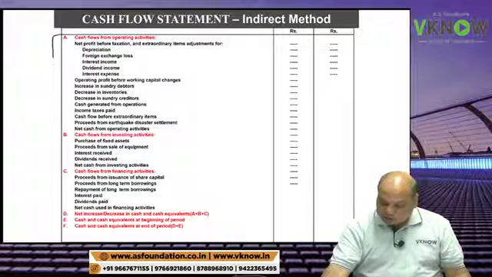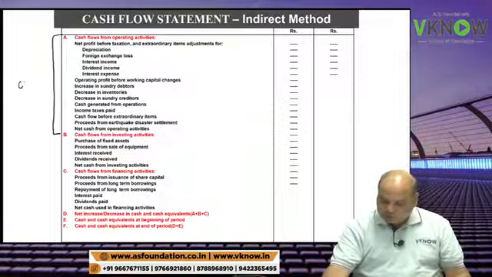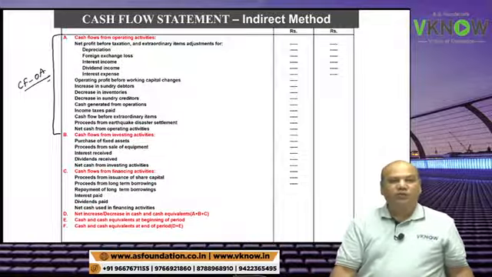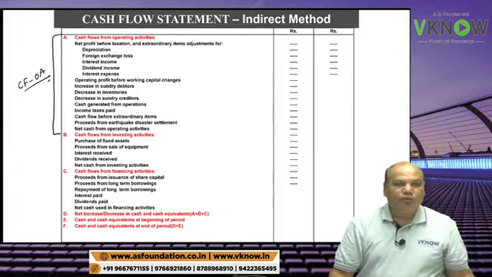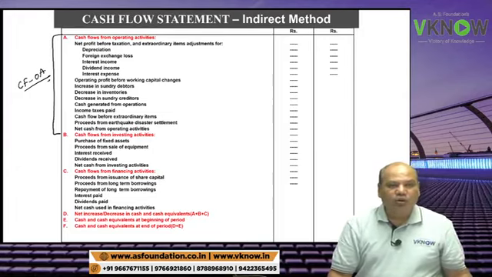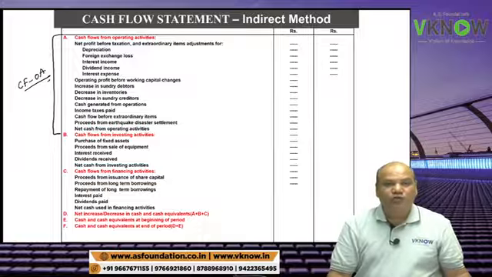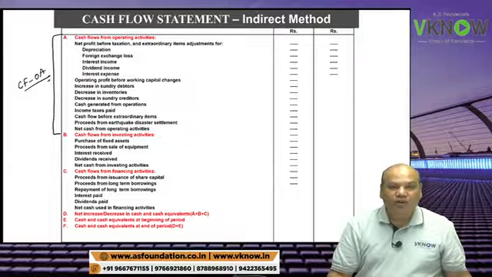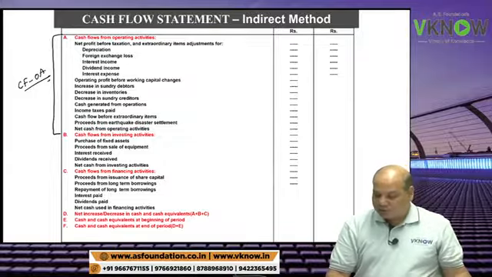Only the presentation of cash flow from operating activity is different. Remember, the answer will be the same whether you follow the direct method or the indirect method. But if the institute asks for a certain method, you will have to follow that method only. Then we don't have a choice.